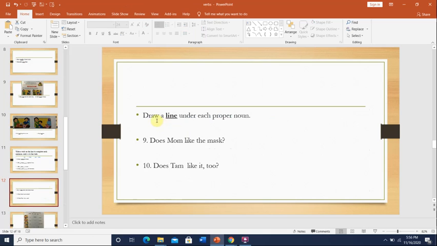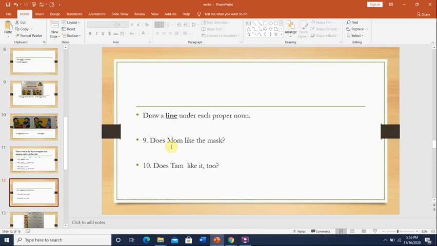What is next? It says here, number 9 and 10, draw a line under each proper noun. What is a proper noun? It's a noun with a special name. Does Mom like the mask? Okay, so here the proper noun is a person with a special name, and it must begin with a capital letter. So here, does Mom like the mask? Who here is a special person?